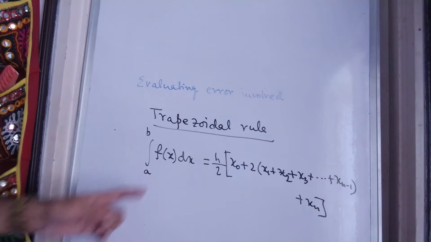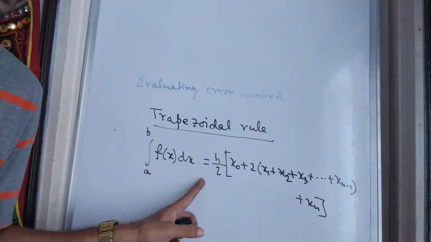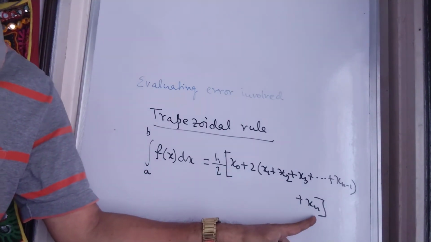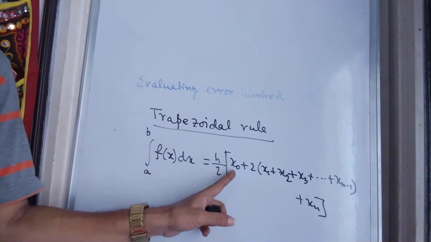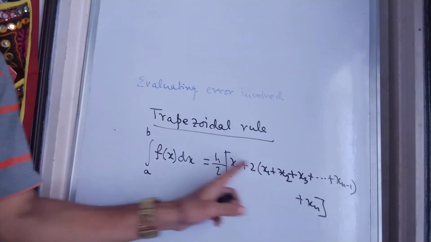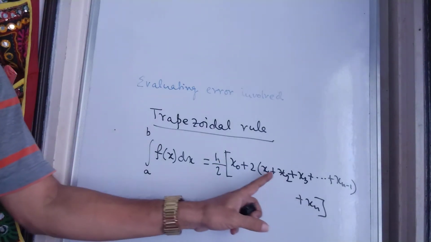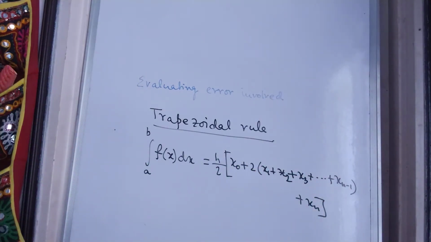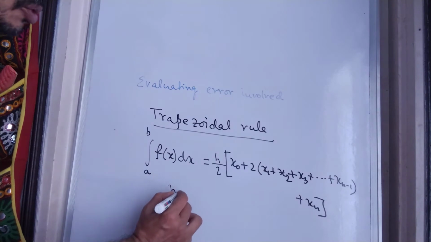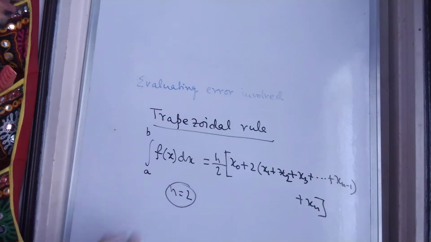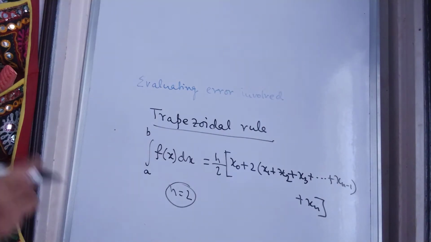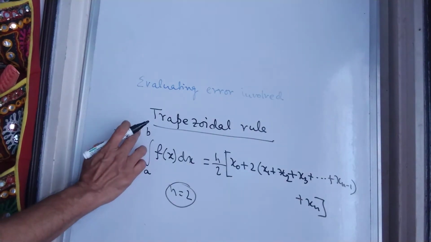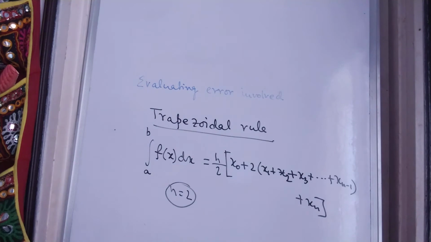This is the trapezoidal rule, we all know, where the endpoints are multiplied with coefficient 1 and all the other nodes are multiplied with 2. This is simply because we put n equal to 2 in the general quadrature formula and evaluate this integral term by term.